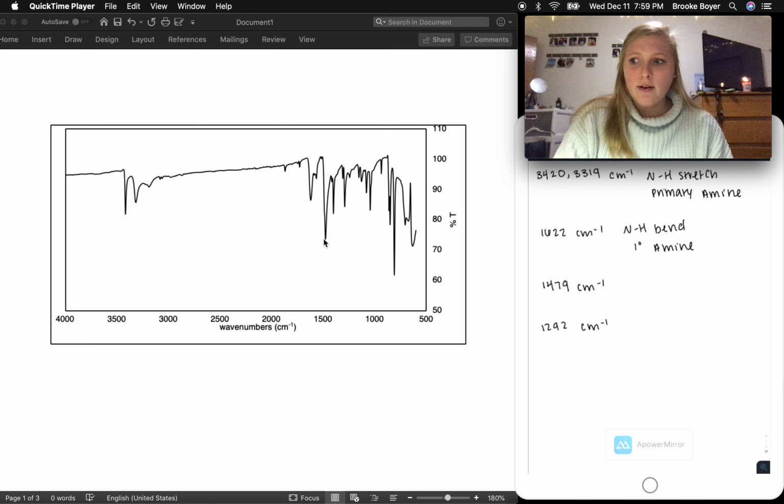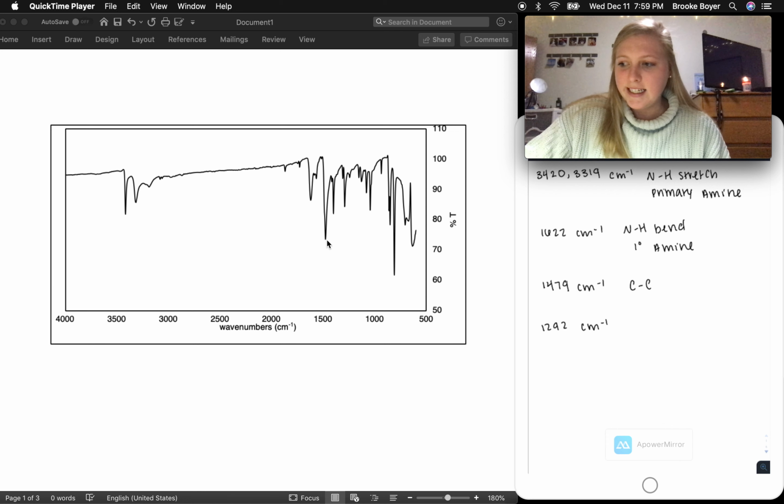And at around 1479, right about here, we have a C=C stretch, specifically for an aromatic, benzene probably.